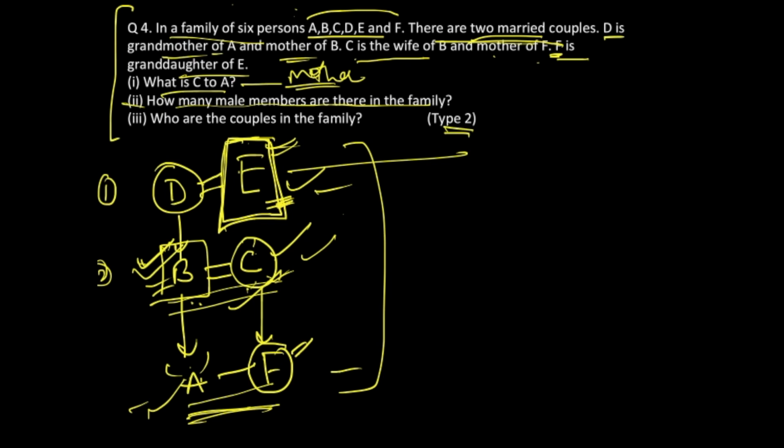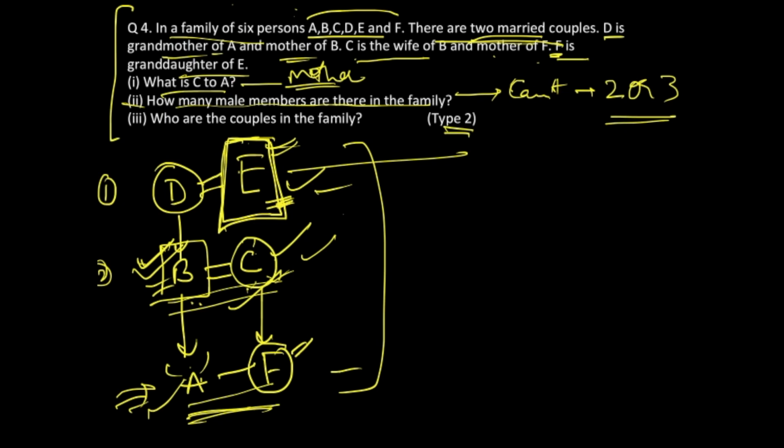But since we are not aware of A's gender, we cannot clearly say that there are 2 male members. So this thing can be answered as that it cannot be determined, or you can also write that there are either 2 or 3 male members, right? Because A's gender is not known to us.